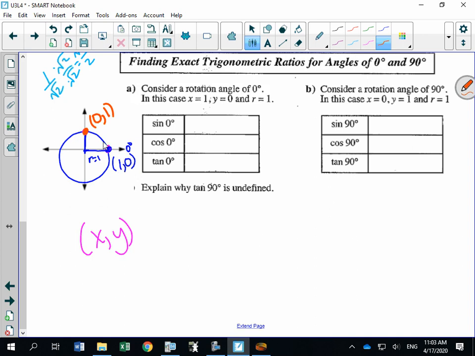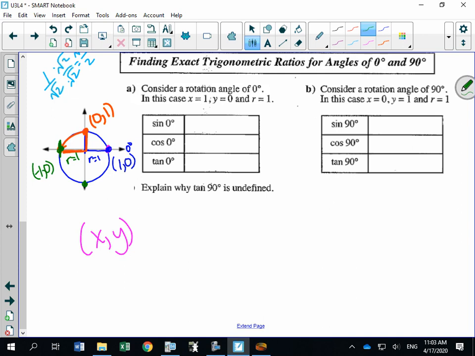In 30-1, I'm going to say, what would the ordered pair be over here? And you would say, this radius, I'm going to spin it down here. So there's my radius now. If the radius is always 1, what's this ordered pair? You would say, that x value is at -1, and the y value's at 0.